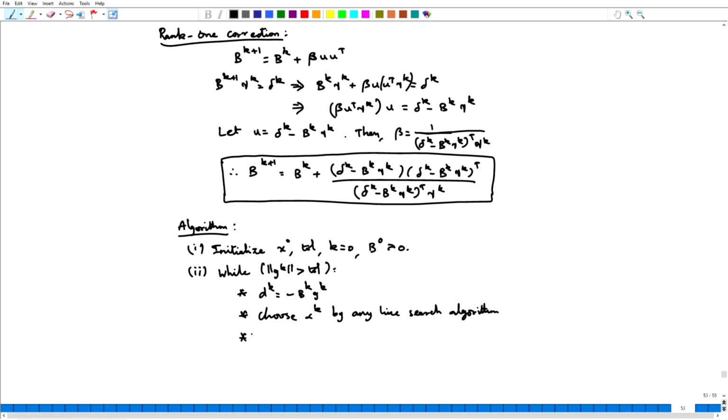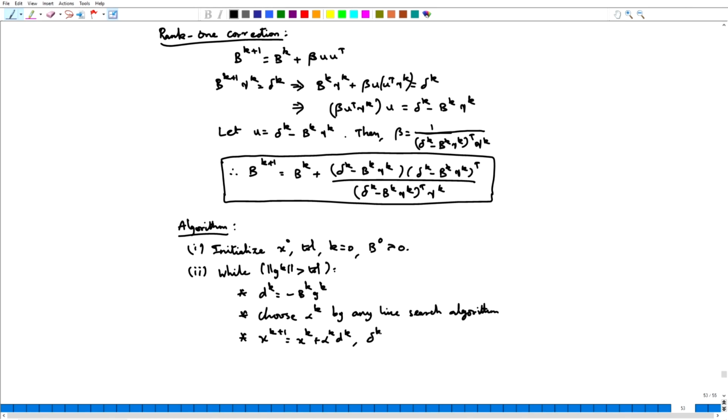Now, of course, this is the next step we usually write, and that is correct, but we cannot leave it here, because after this we still have to update B k plus 1, and B k plus 1 actually needs delta k and gamma k, right. So, let us update them as well.